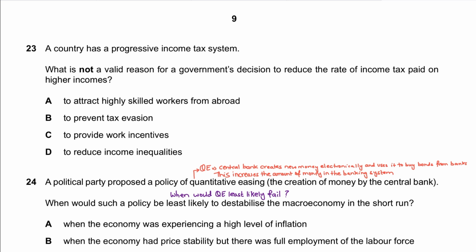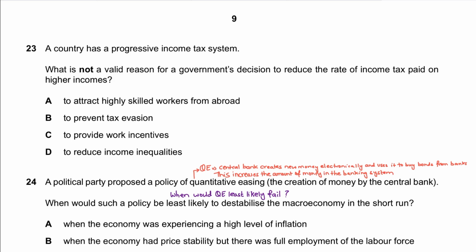The first option says to attract highly skilled workers from abroad. Now, this is actually a reason, so this would be incorrect, because highly skilled workers often compare incomes after taxes across different countries. Highly skilled workers would have high incomes, right?